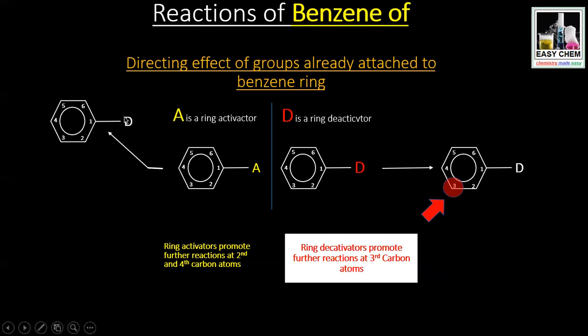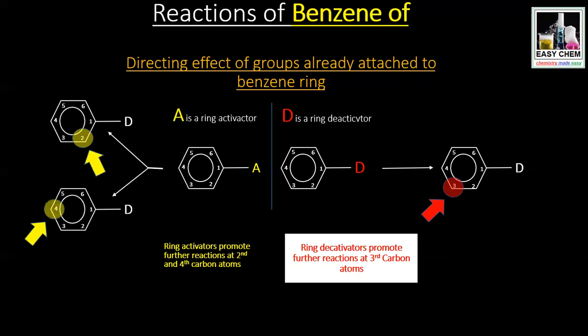First compound is, again, this capital D should be A. In the first compound, a reaction can happen on the second position, the second carbon atom. Or else there can be another compound where, again, this should be A. It is attached to 1. Here, the next reaction happens in the fourth position. Likewise, a clear difference is seen over here between electron activators and electron deactivators.